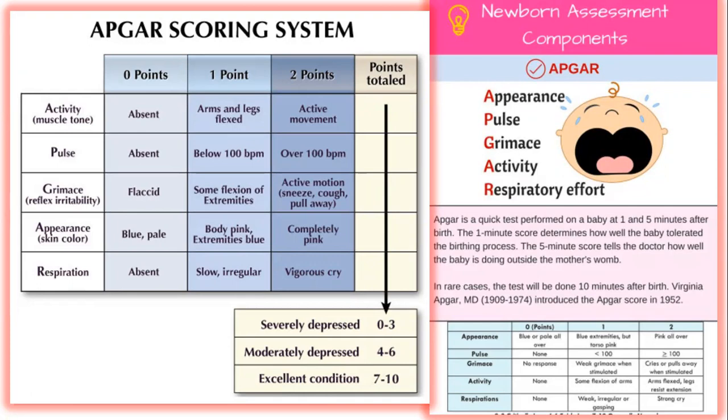Then we sum up the 5 values, right? The resulting score ranges from 0 to 10, and the 5 criteria are summarized using words chosen to form an easy way to remember: appearance, pulse rate, grimace, activity, and respiratory effort.